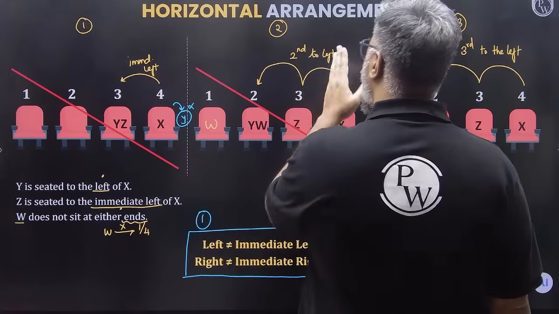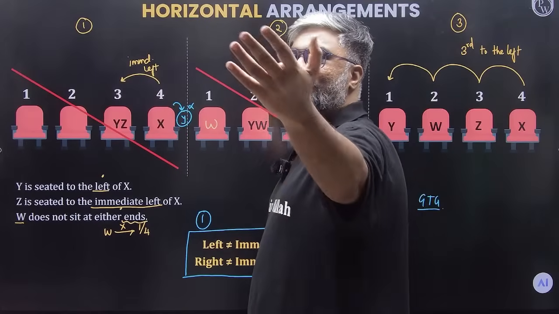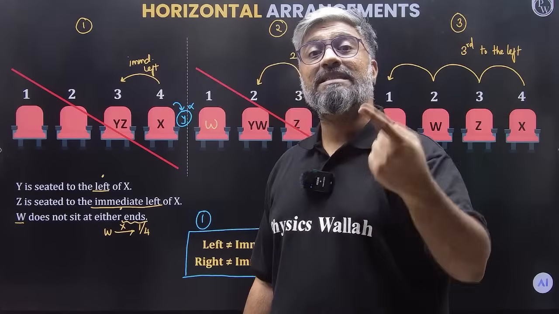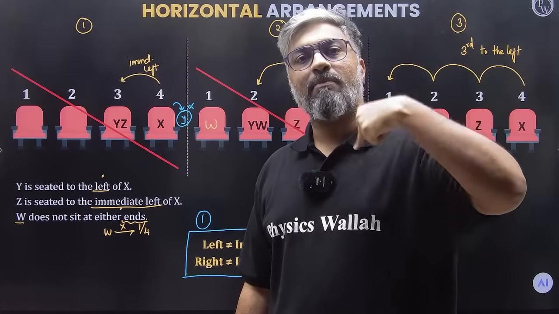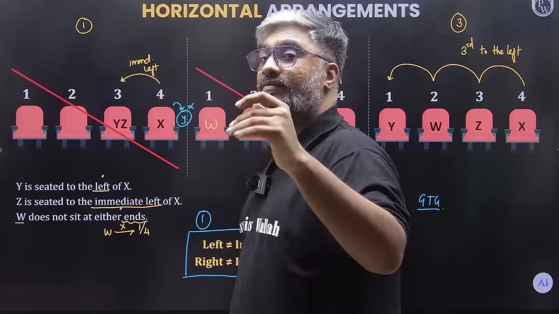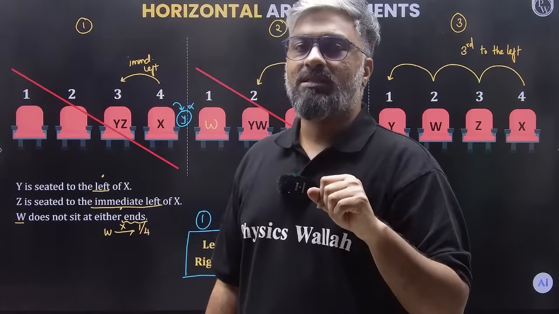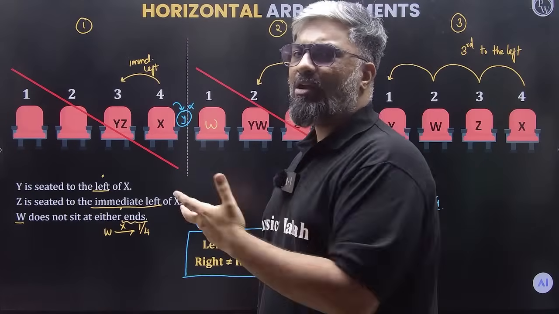So if I'm facing like this, this becomes my left. If I'm facing like this, this becomes my left. So my left depends upon me and my direction of facing. So when left and right changes with respect to perception, we cannot fix it though.